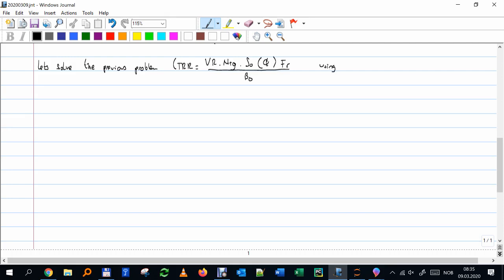Using probability trees. Okay, how would you solve it?